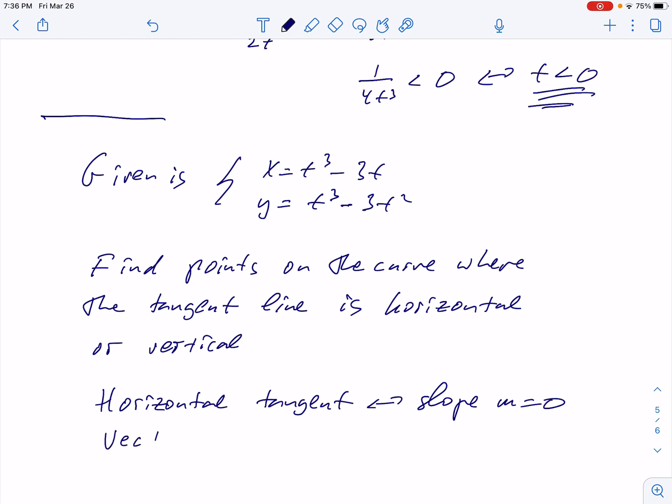Vertical tangent: slope is infinity. That's not a number, but this means that when we approach this point, the slope approaches infinity.